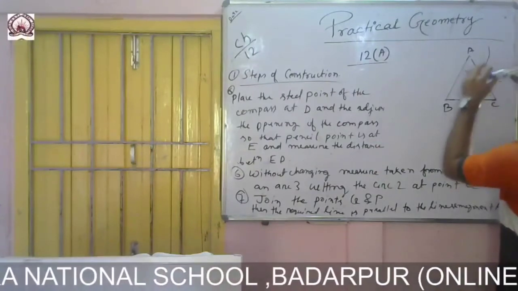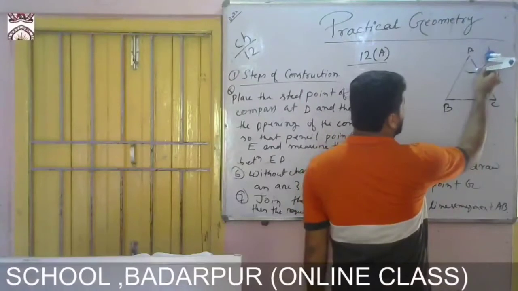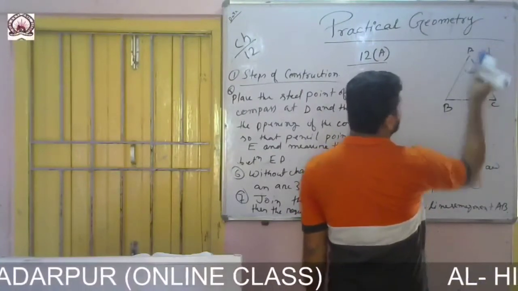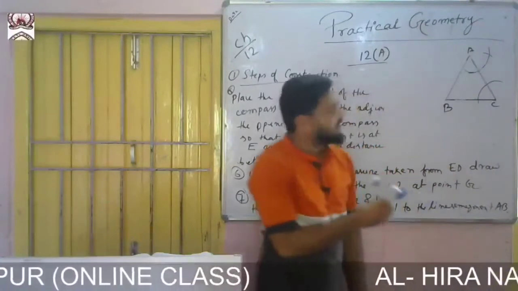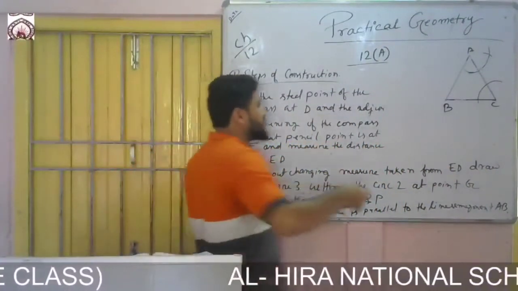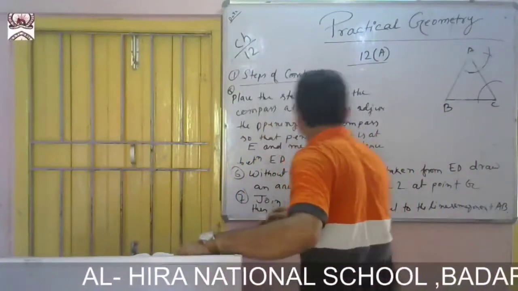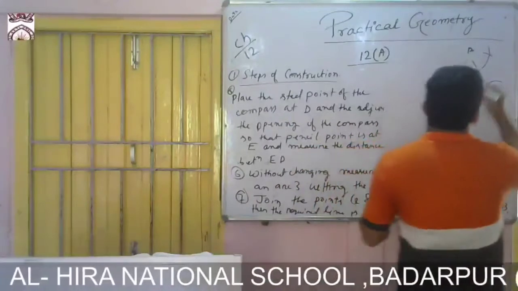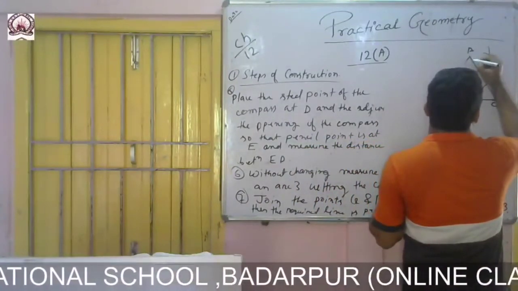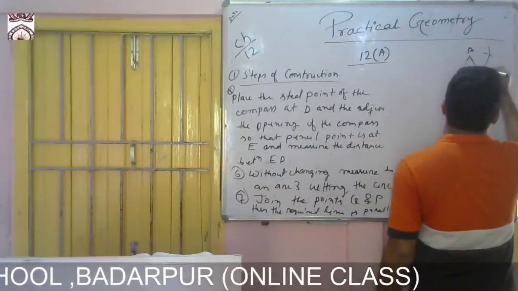Now placing at this, just draw an arc. That will be parallel to BC. So you will get the exact figure.